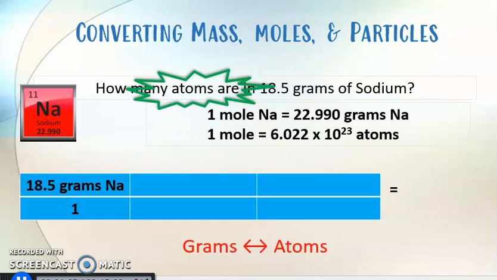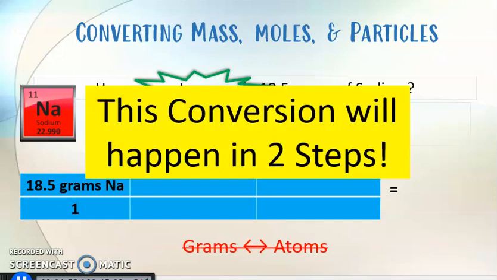I'd love to go directly from grams to atoms, but if I look through my conversion factors, I have grams to moles, and I have moles to atoms, but I don't have anything directly from grams to atoms. So grams to atoms isn't going to work directly, but we might be able to do this in 2 conversion steps.